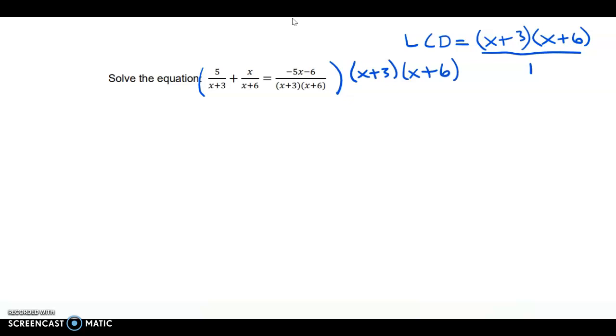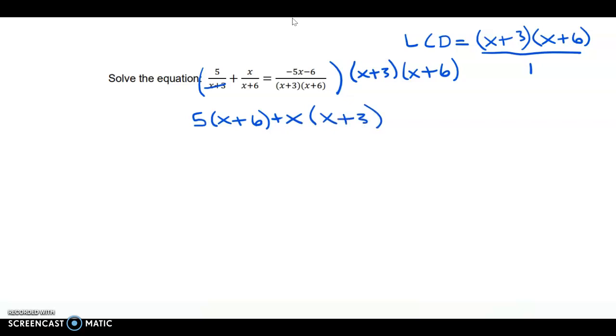So what's basically going to happen is each term will get whatever it's missing. Well, this one has an x plus 3, it's missing x plus 6, so we'll get 5 times x plus 6. The second one has x plus 6, it's missing x plus 3, so we'll have plus x times x plus 3.